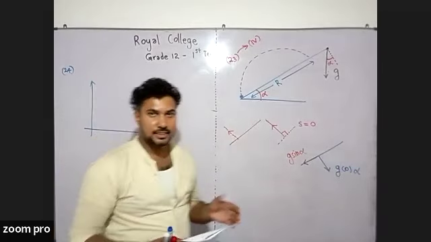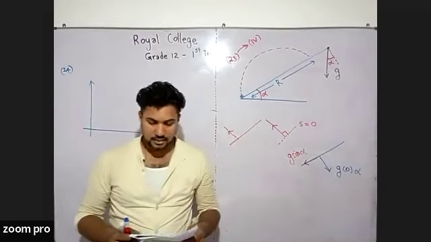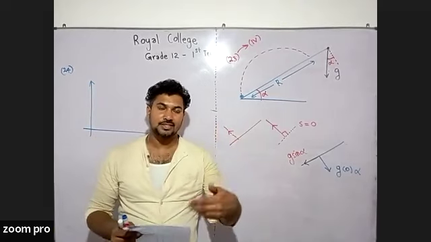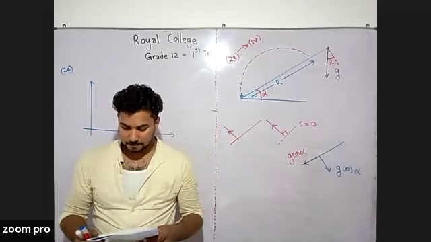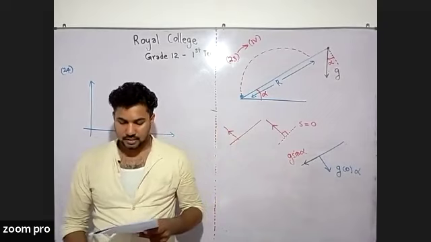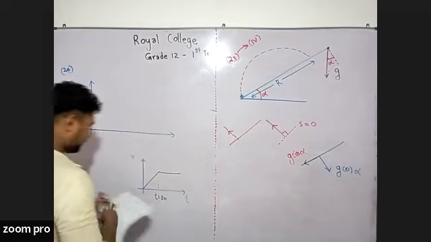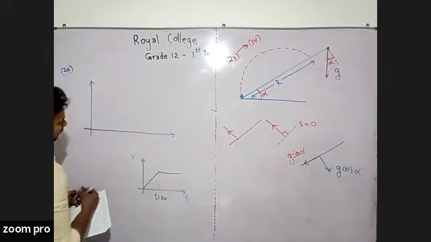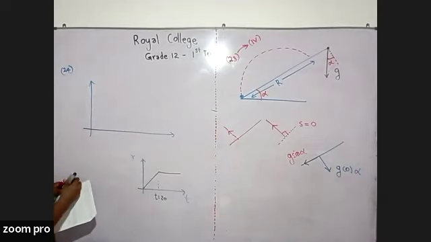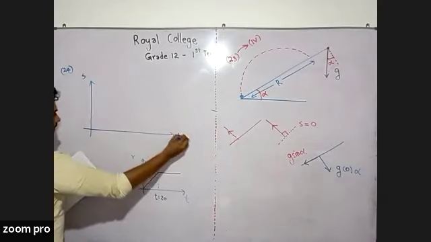Both car and bicycle initiate the motion at the same point, but there's a little bit of delay for the car. So in order to draw the correct displacement time graph.